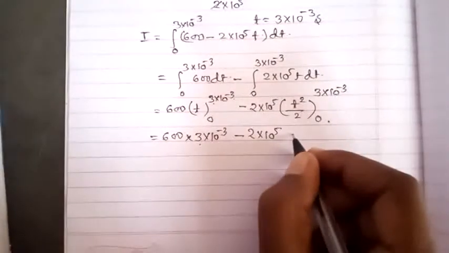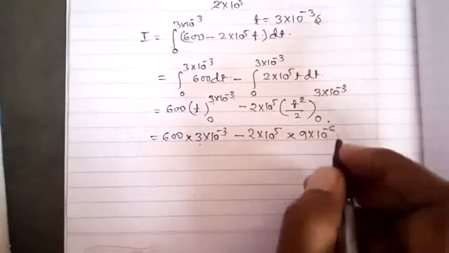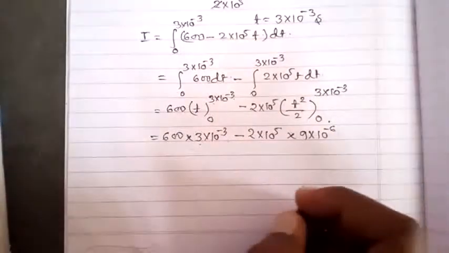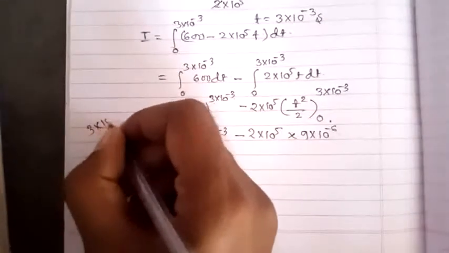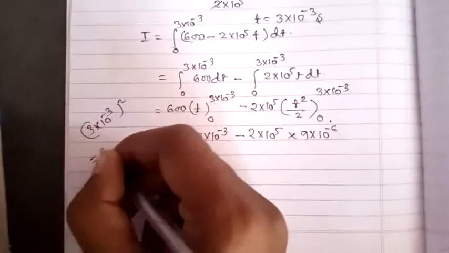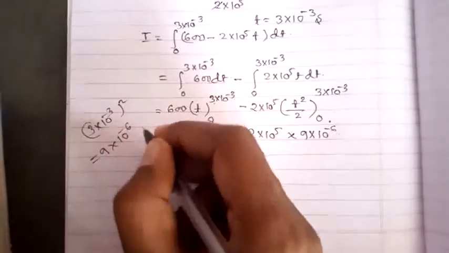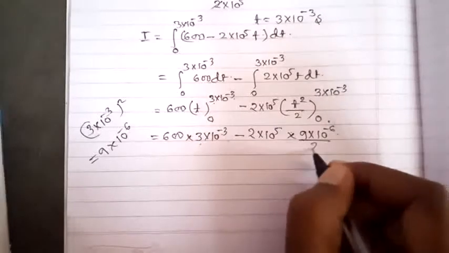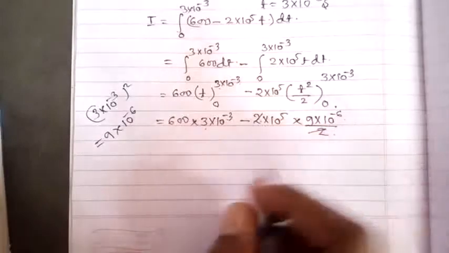T square means here it is 9 into 10 to the power of minus 6, because 3 into 10 to the power of minus 3 whole square. 3 square is 9 and 10 to the power of minus 3 square is 10 to the power of minus 6, divided by 2. Yeah, 2 gets cancelled.